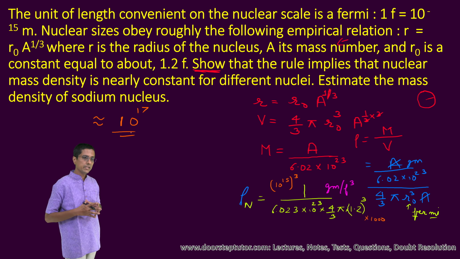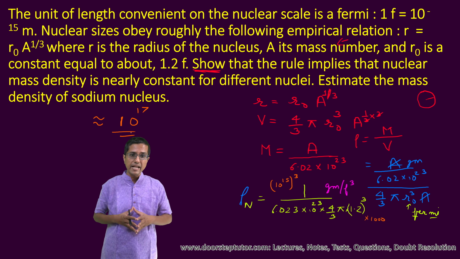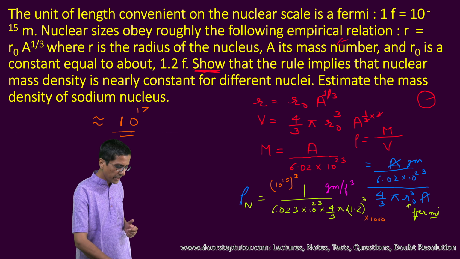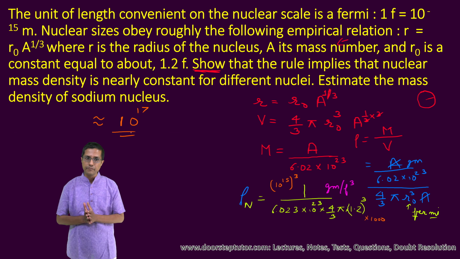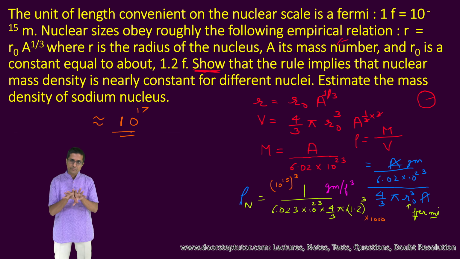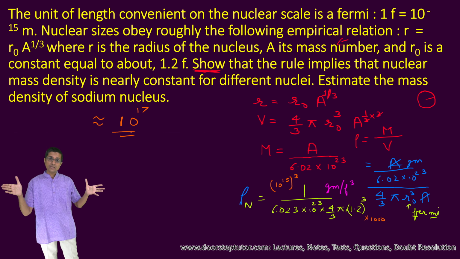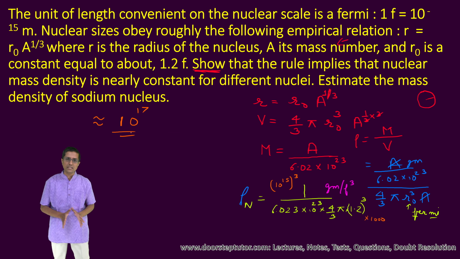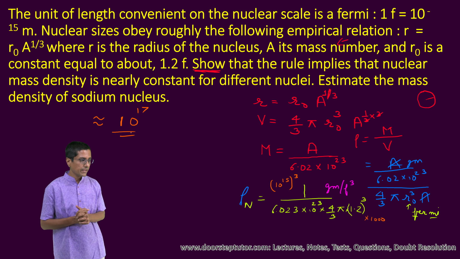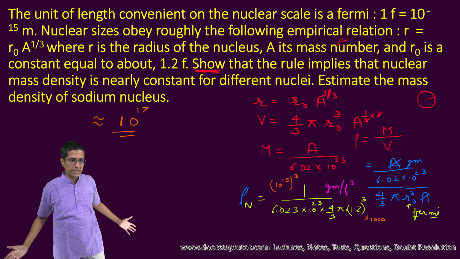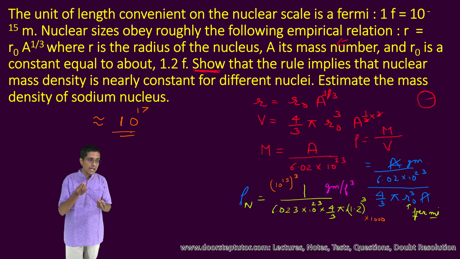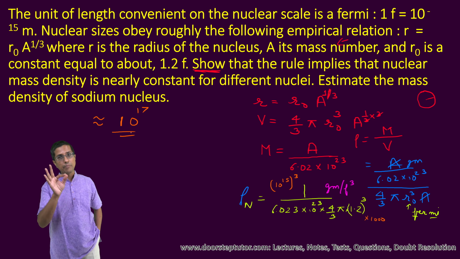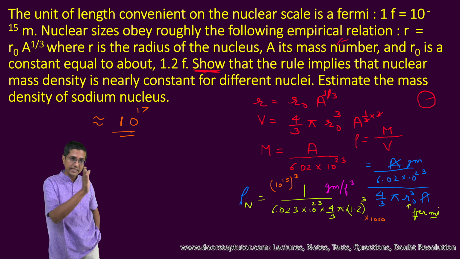Of course, the nucleus has to be very, very dense, because we know that almost all the mass of the atom is concentrated in its nucleus. The nucleus is very, very small compared to the atom, and therefore the atom has a lot of empty space. So the nuclear density has to be very large compared with the atomic density that we did earlier.